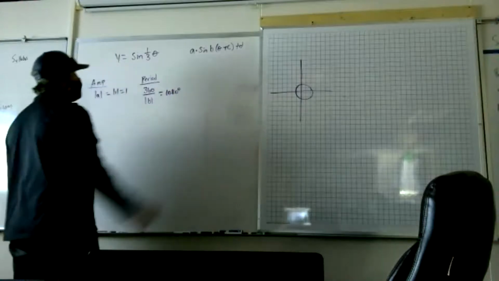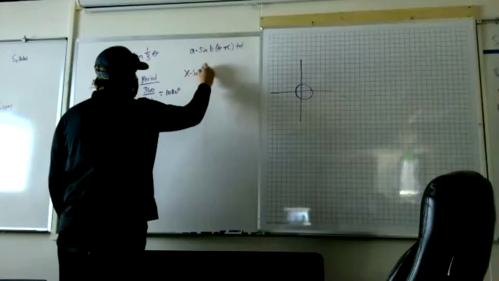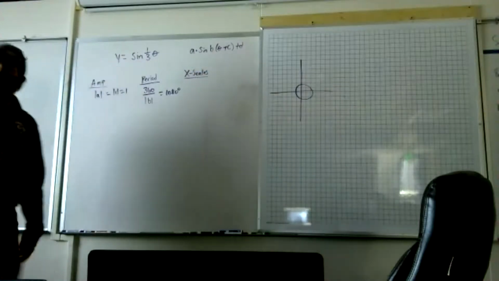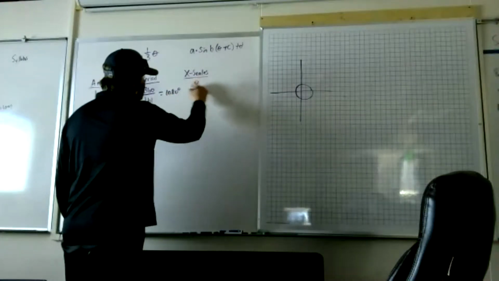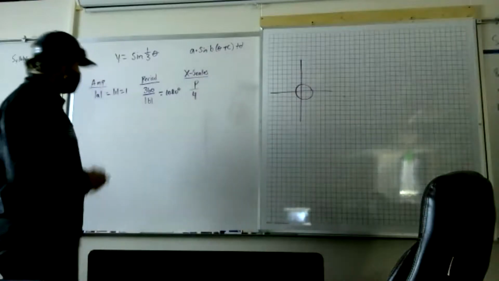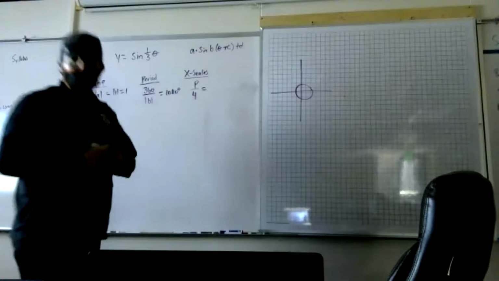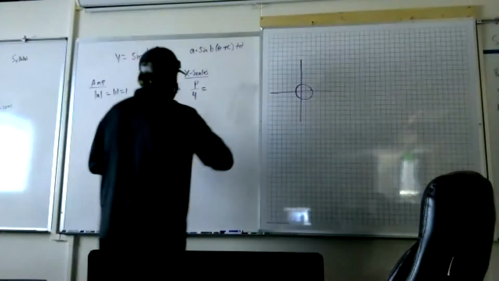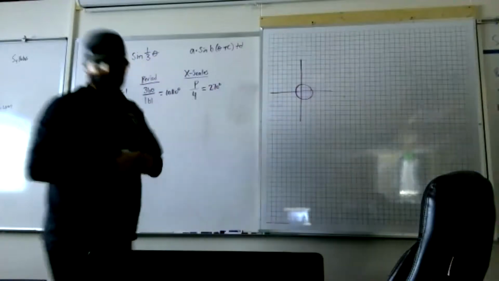Okay, the next thing, we want to find the location of our critical points, our x scales. Okay, we can find this by taking the period that we just found and dividing that by 4. Okay, so 1080 divided by 4, 270 degrees.